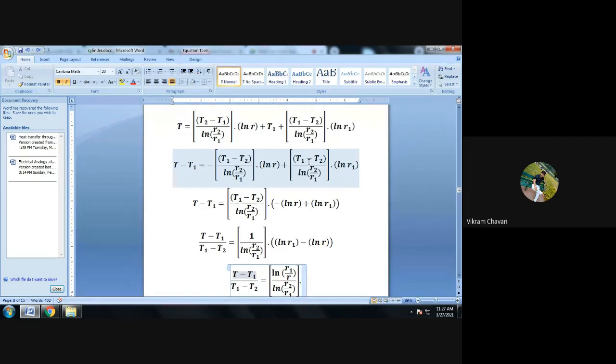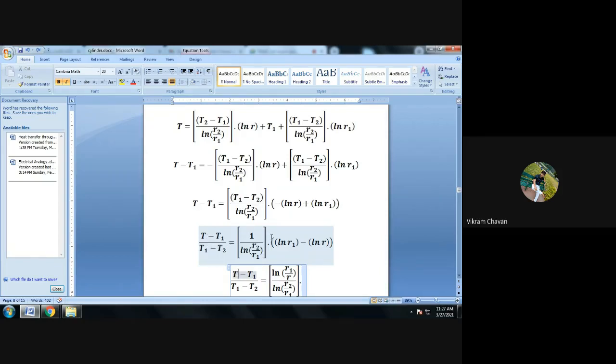Then we took the square bracket common. In the bracket, the remaining part is minus ln of R plus ln of R1. Then we shifted the temperature term to one side, so we get the equation in the form (T minus T1) divided by (T1 minus T2).